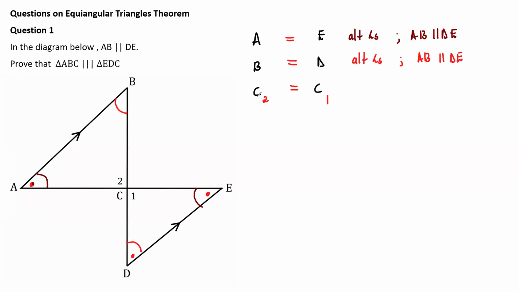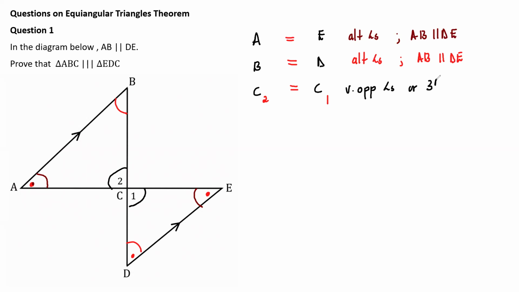Fine. Then the last one, now hold on. Earlier on I said, all you need to do is just prove the first two. Then the last one, you can say third angle of a triangle. C2 is equal to C1. I can say third angle of a triangle, or I can say C1 and C2 are equal because they are vertically opposite angles.